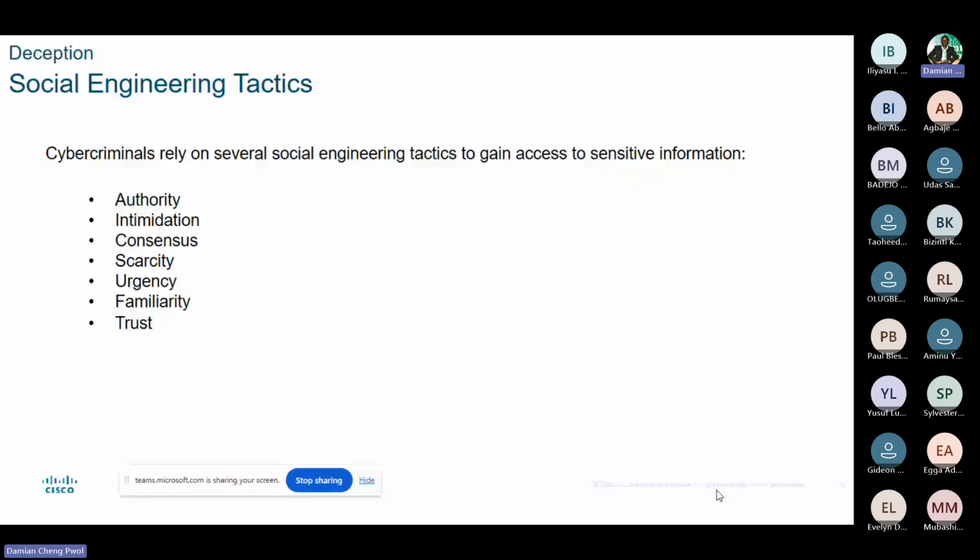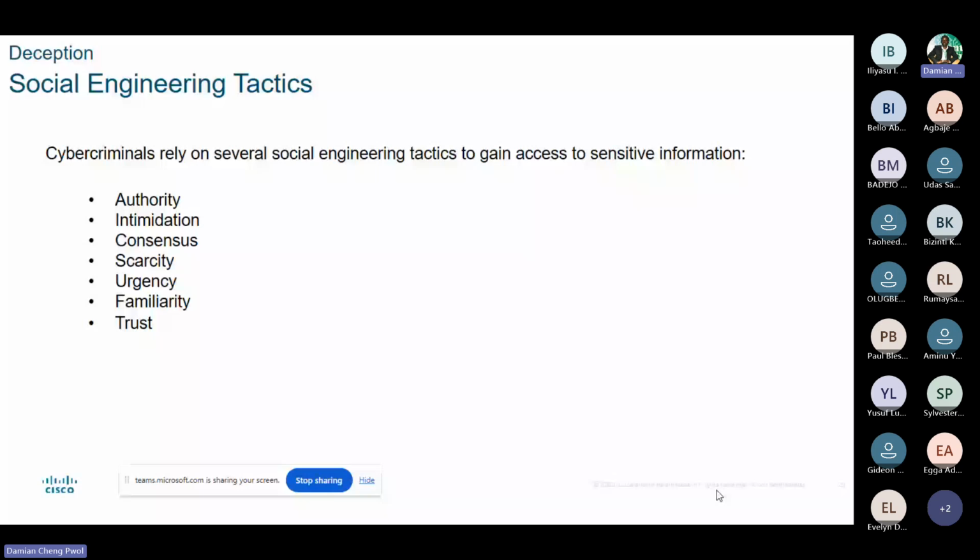Then intimidation: you have people who threaten, or bullying, if you don't do certain things, this is what happens to you. You have consensus, based on agreements. Scarcity, what is not available. Attackers could take advantage of that, of what is not available, to make it available to you. Urgency, so desperate that you need something at a certain period of time before you lose it.